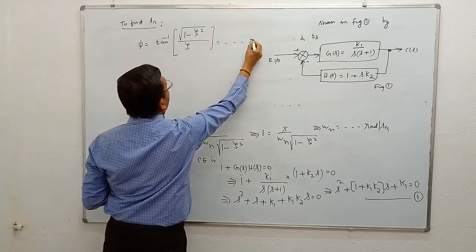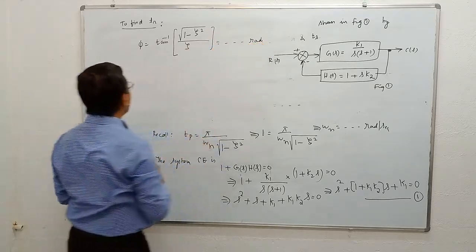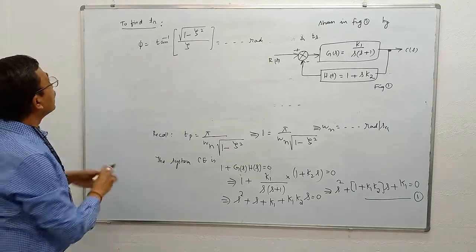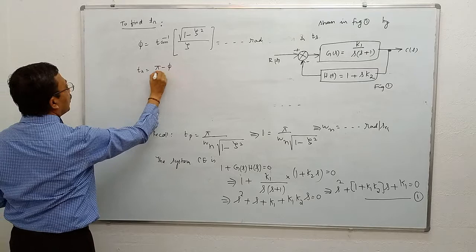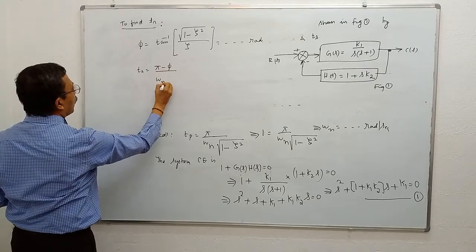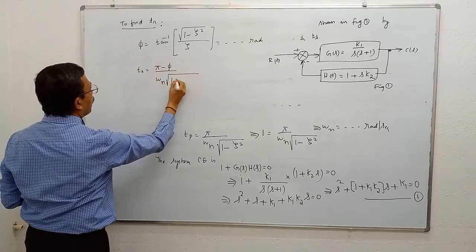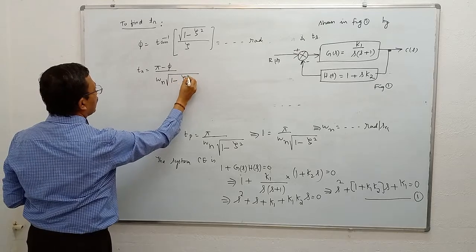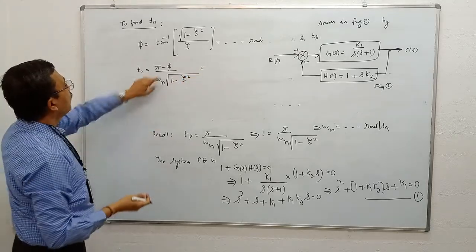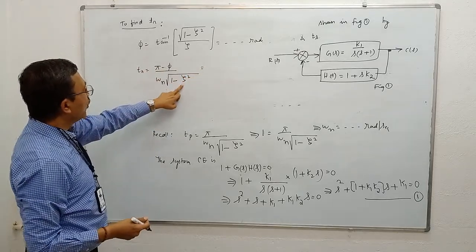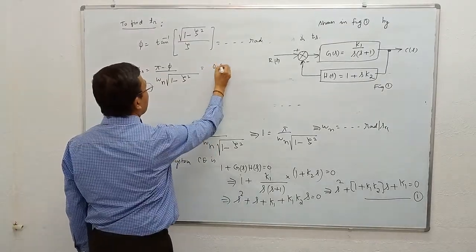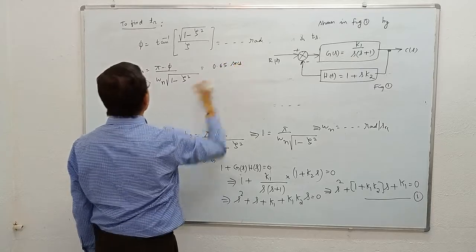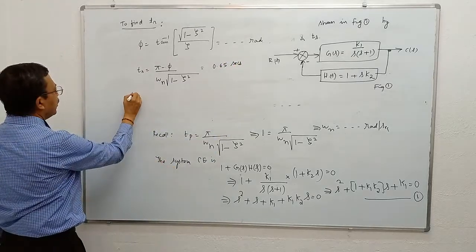This must be in radians. Put the calculator in radian mode and calculate phi. Formula for TR is equal to pi minus phi divided by omega n into square root of 1 minus zeta square. You know phi, omega n and zeta. The answer for TR will be 0.65 seconds.